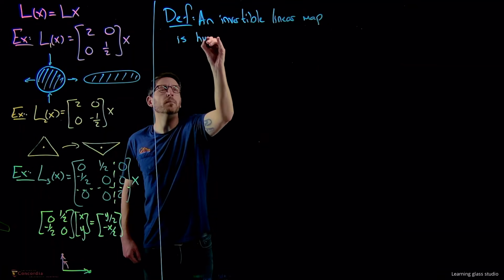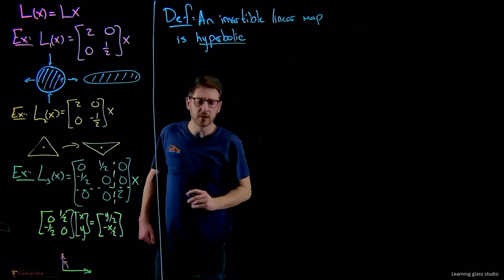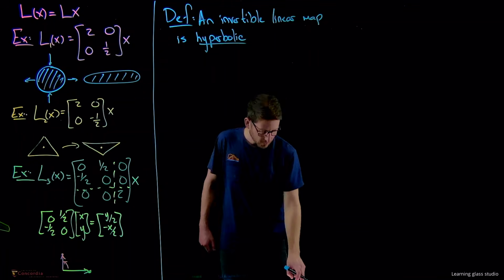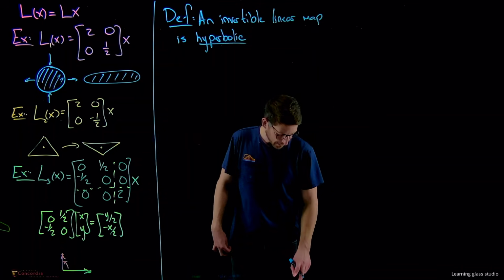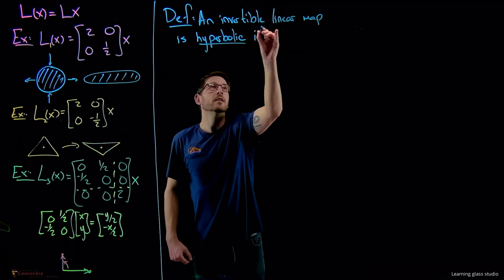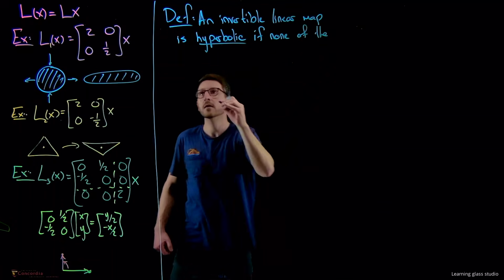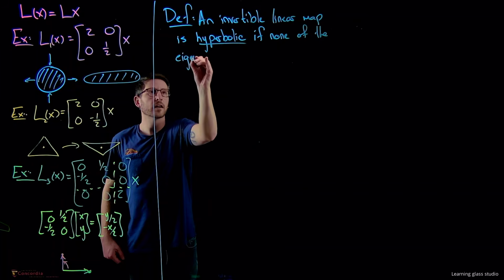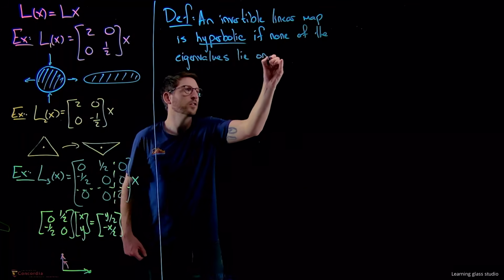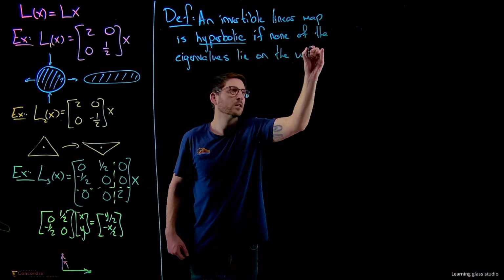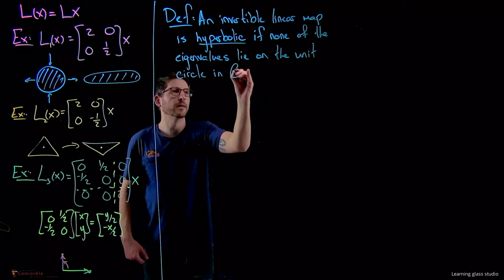is hyperbolic. If you've been around my videos for a while, you've seen me talk about hyperbolicity in many different contexts. We are just putting it into the range of these linear mappings now. So if none of the eigenvalues lie on the unit circle in the complex plane.